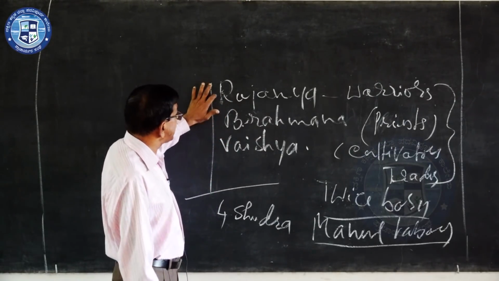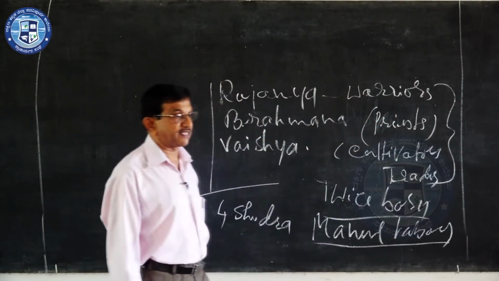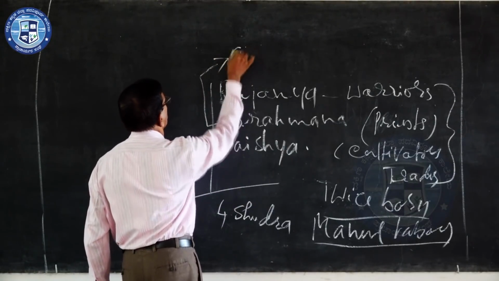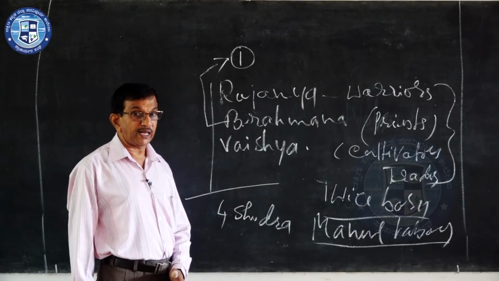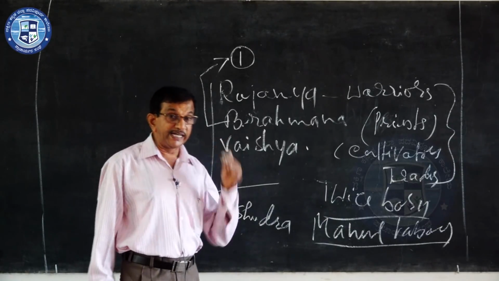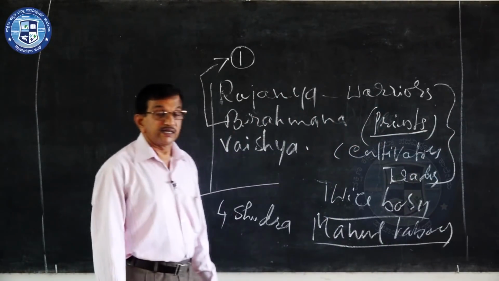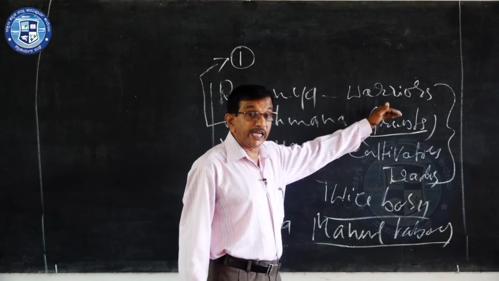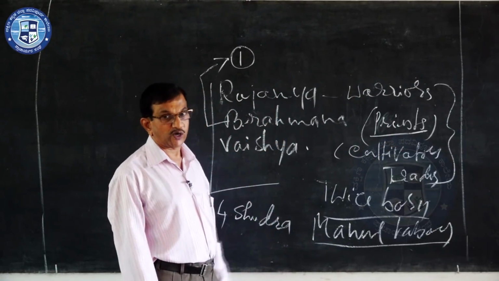Now, the Rajanya group called warriors lost their importance, and the Brahmana were able to occupy the first place. In the sense, the belief of the people, the need of the people, the interest of the people, gave importance to worship of God.